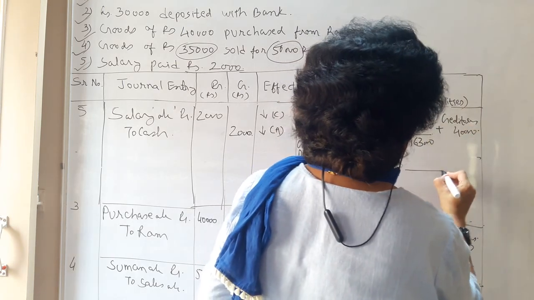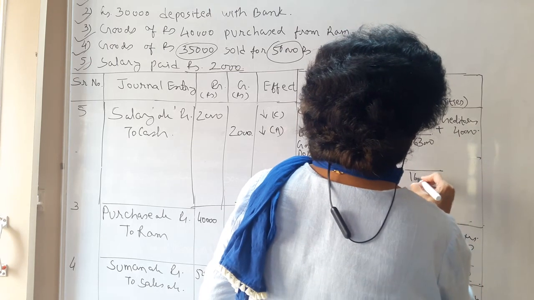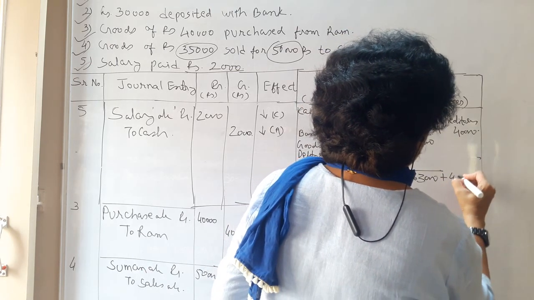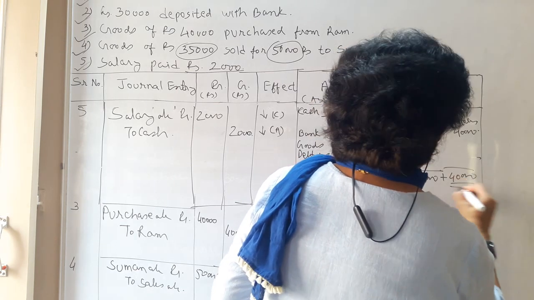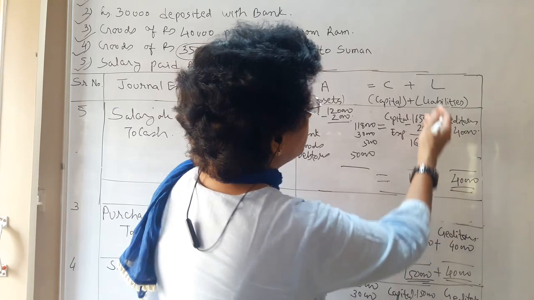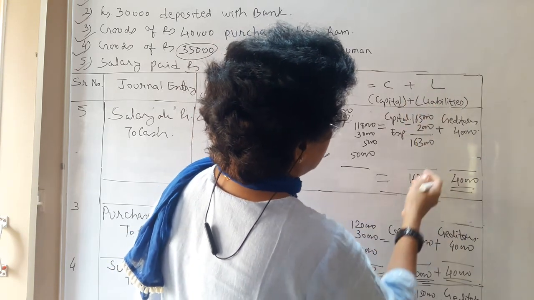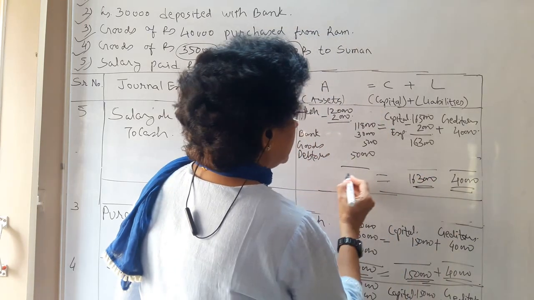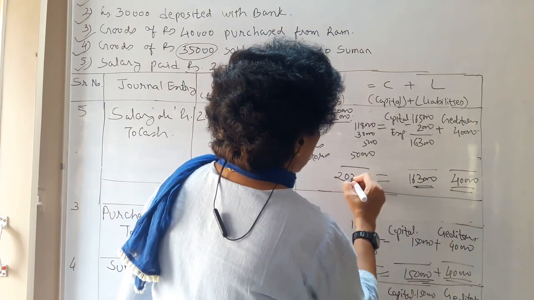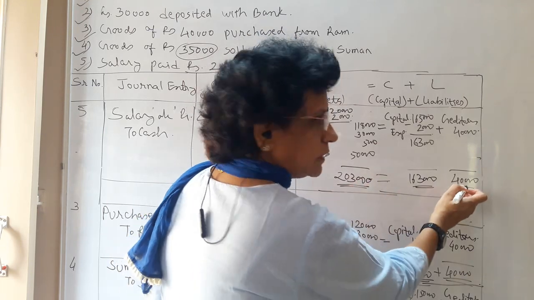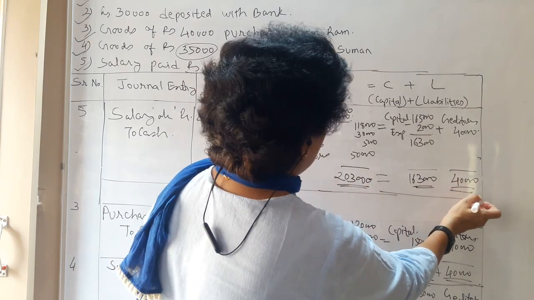Now if you do the total, 1,63,000 plus 40,000, and here the total is 2,03,000. So this side total is equal to the capital side total.